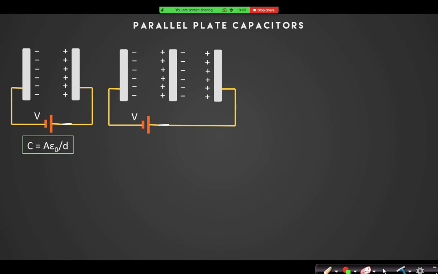So that is why the potential difference you get from the capacitor will be gradually decreasing.